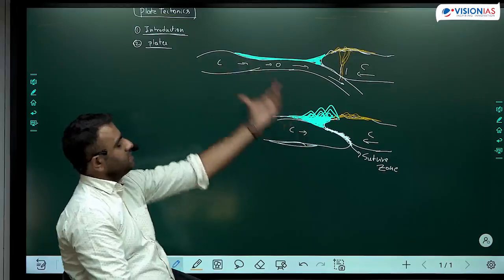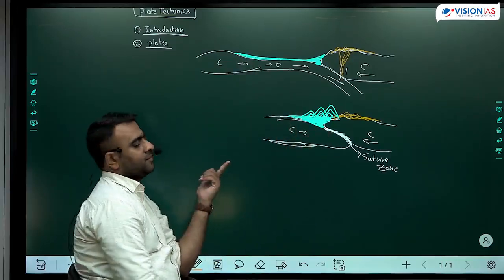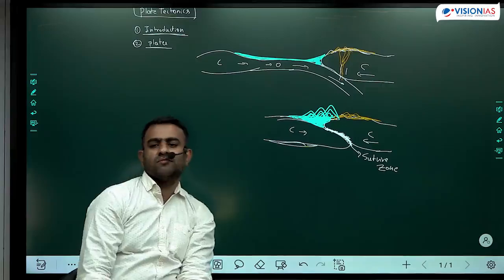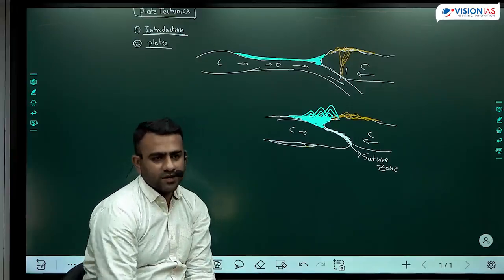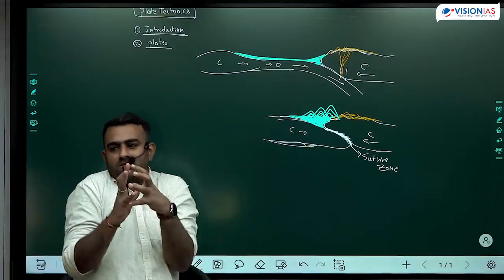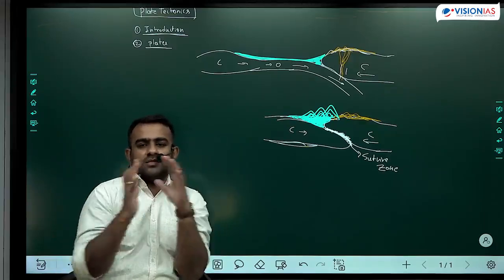Okay, it will continue to rise as long as the compression is happening, because subduction cannot happen. After a long period of time, compression will stop, because it has to stop. It ends with continent-continent convergence. When both the parts are completely merged together, it becomes a single continent. Then this upliftment will stop.